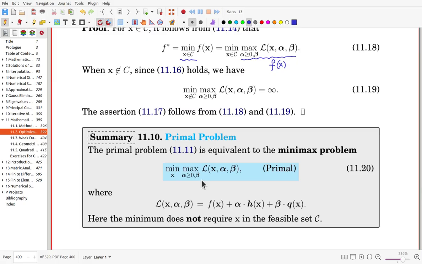So when we try to solve the original problem, we may try to solve this minimax problem. Of course, here the Lagrangian is defined in this way, and x doesn't have to be in the feasible set. So automatically, this minimum part will choose the desirable solution. Okay, that's the summary.